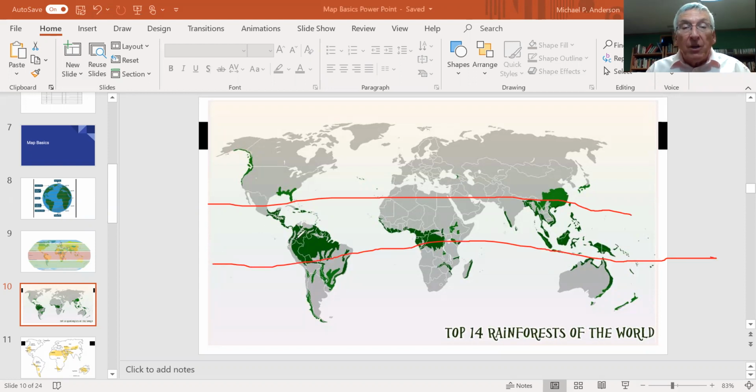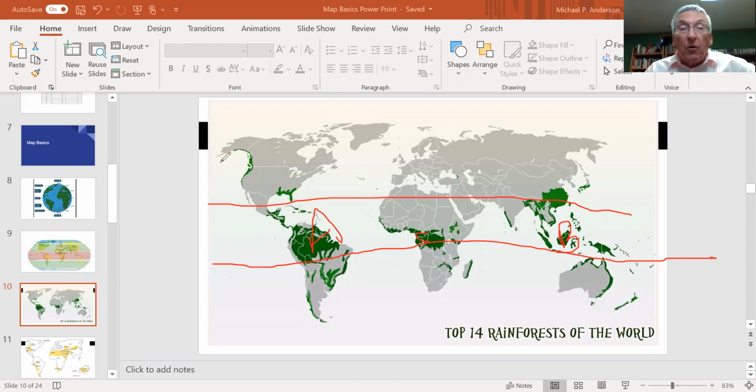You've heard of the Amazon rainforest, Amazon right there. You've heard of Congo and how much rainforest is there. Borneo over here is one really wet place. These are the tropics. This is where you're going to find the preponderance of your rainforest.